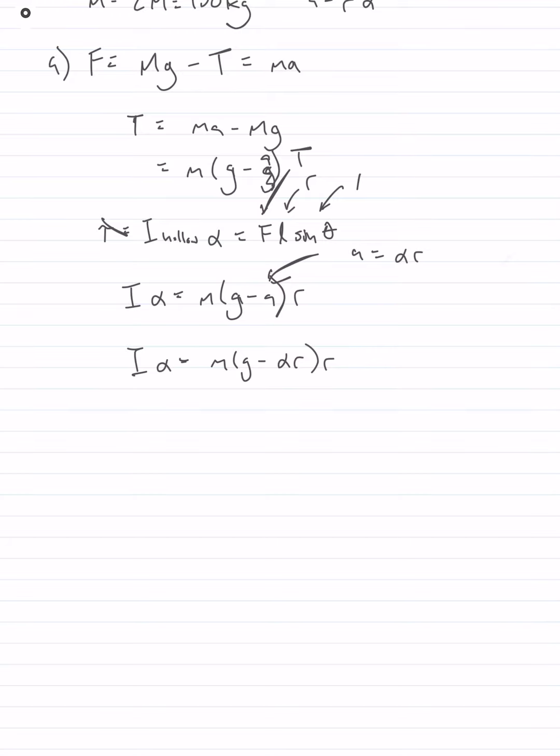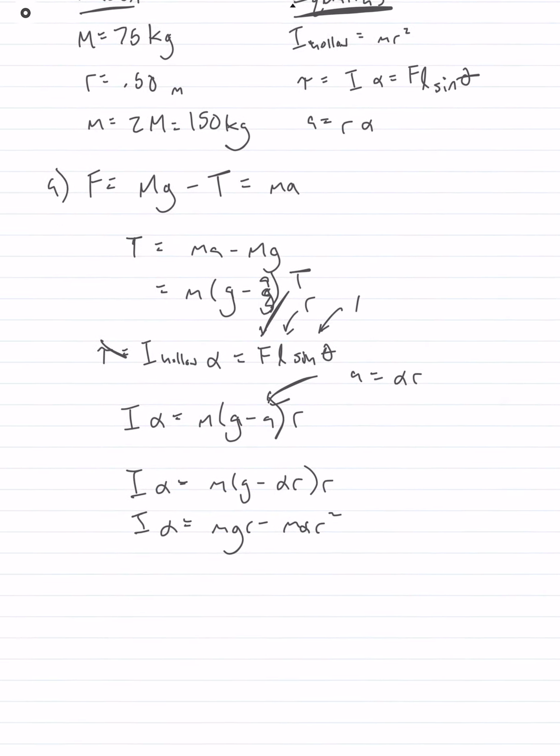Okay, and now let's simplify it and isolate the angular acceleration, because we know what g is, we know what the mass is, we know what the inertia is, and we know what r is. So the easiest way, let's just get this done. mg minus mr times r, so r squared. Let's put the value of the inertia, which is mr squared.